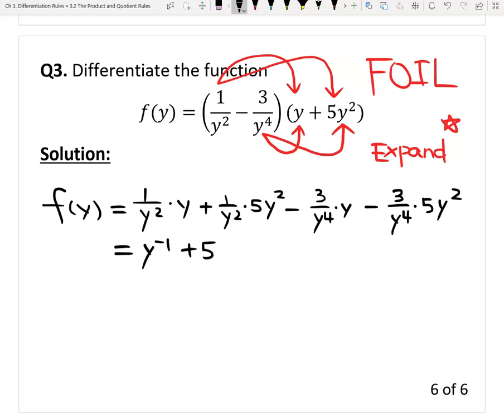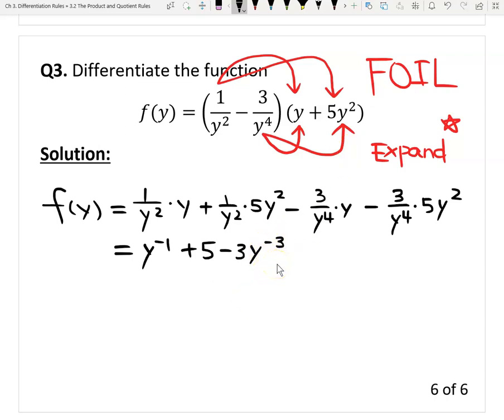How about the third term? I can cancel y. We have y raised to the 3rd power on the bottom, which means a negative exponent. If I write it as a power, it's minus 3 times y raised to the negative 3rd power.